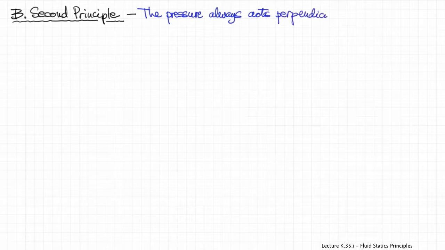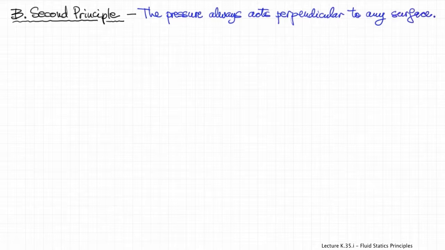Now, the second important principle that we need to understand is related to the direction of the pressure. And it states that the pressure always acts perpendicular to any surface. In other words, the pressure intensity vectors are always perpendicular to the surface on which they act.